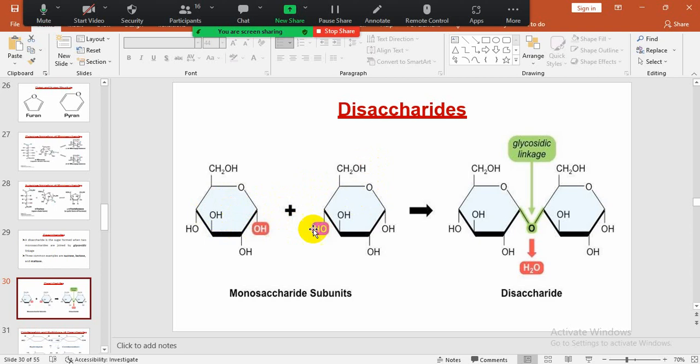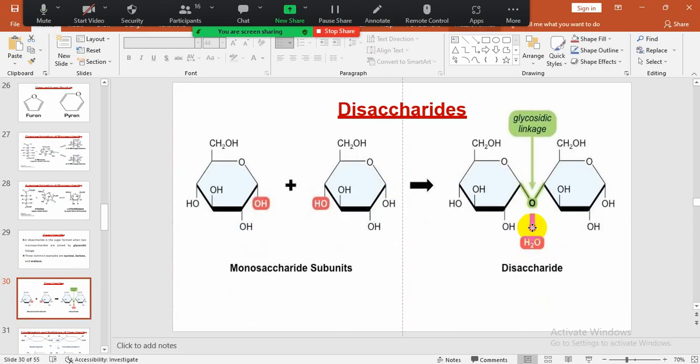This OH plus OH will react, and when they react, they give off water to form O. So you see water is given out to form O. This bond will be O. This O was there because water was removed.